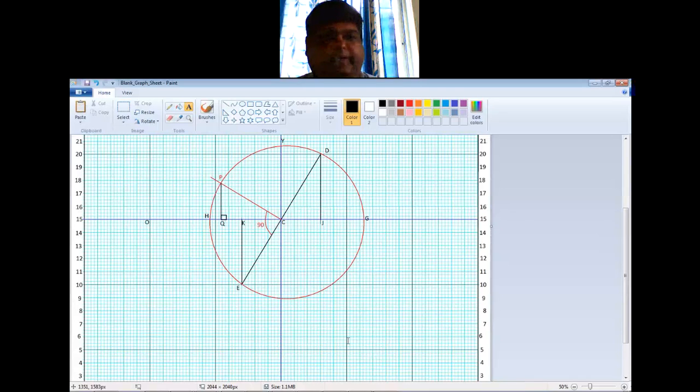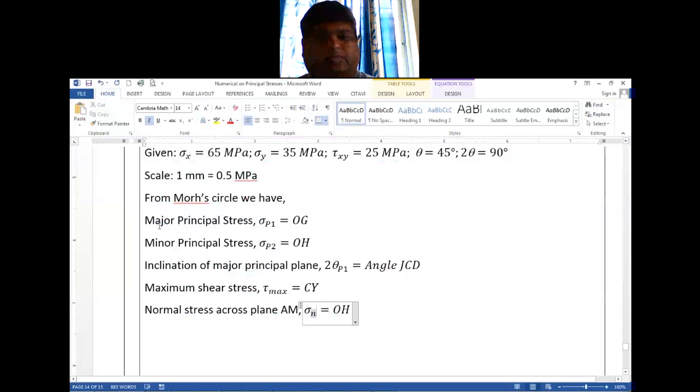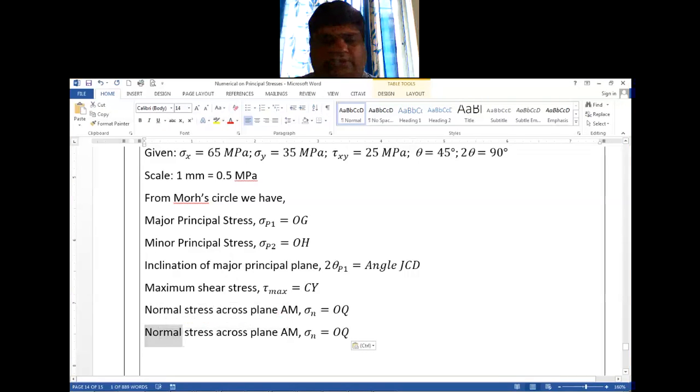Now what is sigma n? In this diagram, the sigma n is OQ, right? So this is the same thing what we have done earlier. So this is OQ and tangential. Tangential stress across the plane AM.